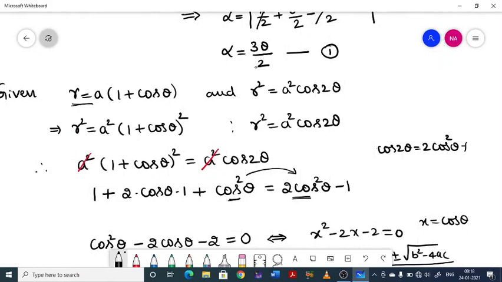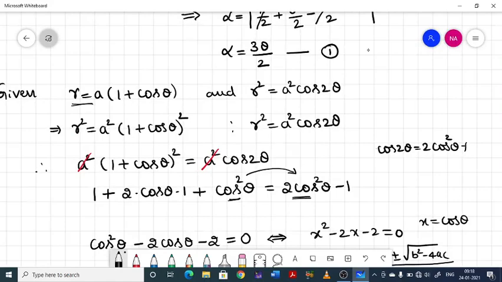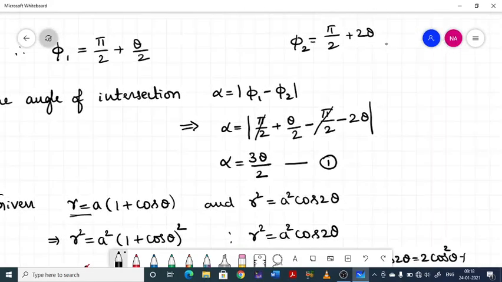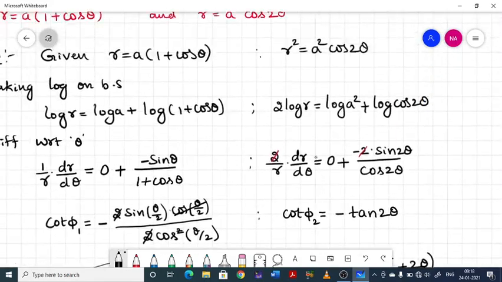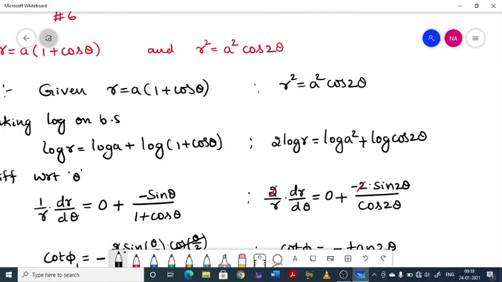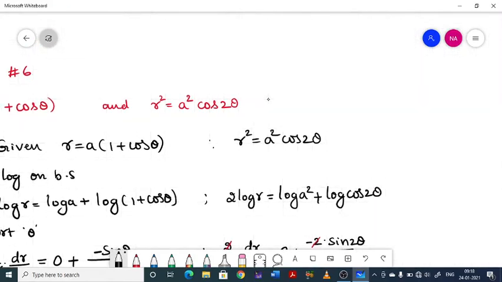But for some problems they will ask you to prove. So looking into this problem statement, they ask you to prove this one. The angle of intersection of these two curves is 2 times sine inverse of 3 by 4 whole power 1 by 4.